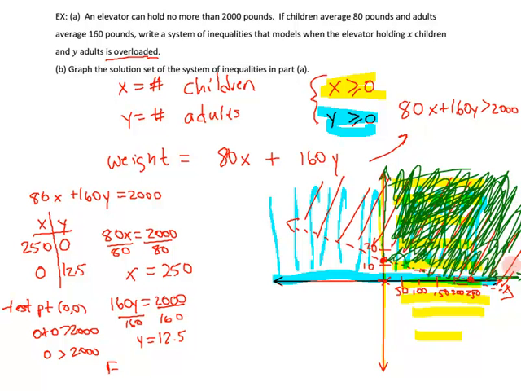Color that in nice and pretty. It doesn't shade down here, by the way, right? Because it's got to be positive in the y coordinate. So right down to there, not including that line, touches it and then follows along the x-axis. Alright, so any point in this region would be overloaded.